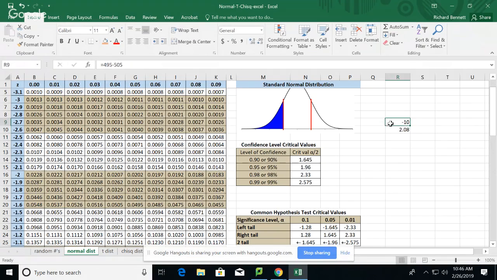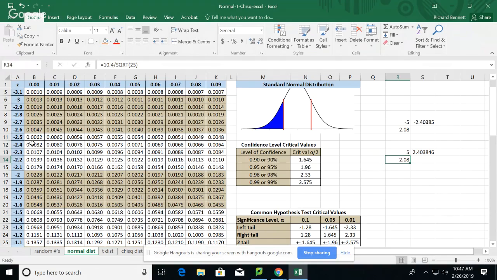Equals this divided by that. That's wrong. Oh, you're right, 500. There we go, now it's negative 2.4. And then this is going to be 505. So negative 2.4 to 2.4.